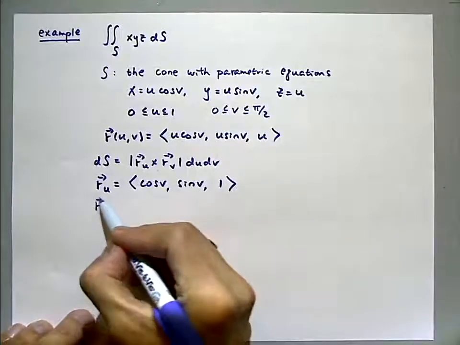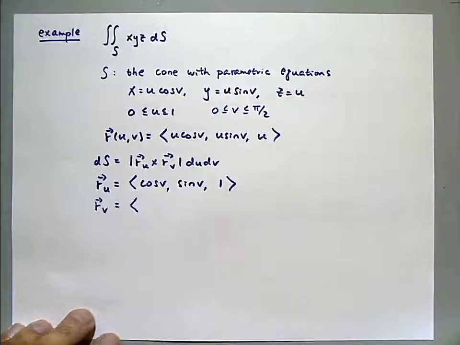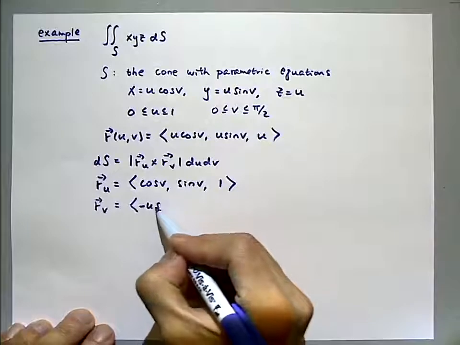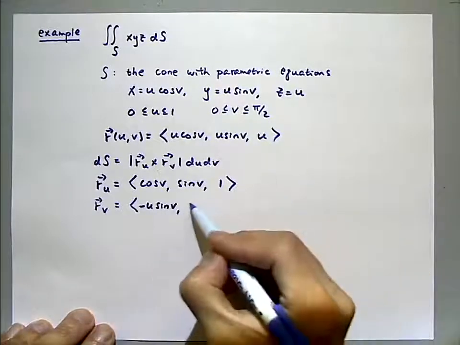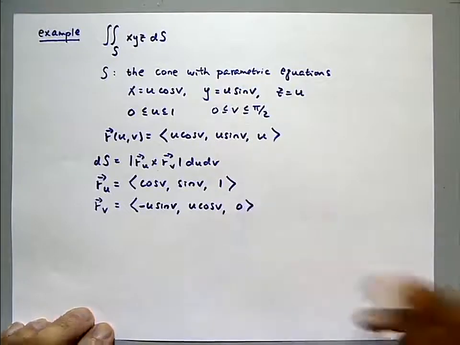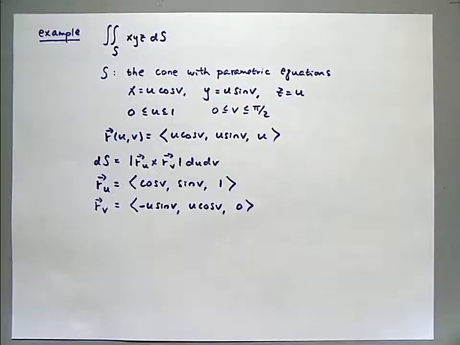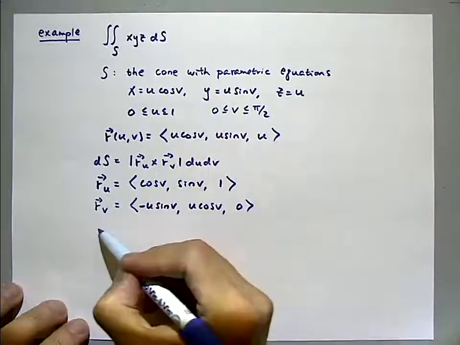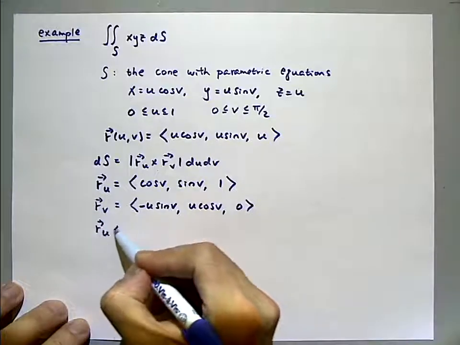And then R_v is minus u sine v, u cosine v, 0. R_u cross R_v.